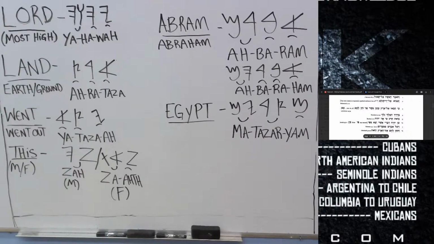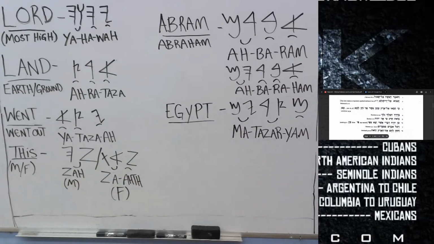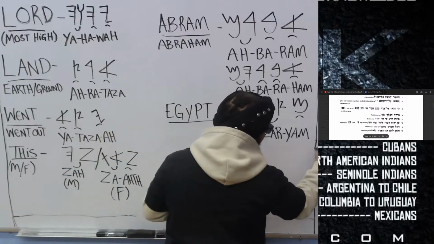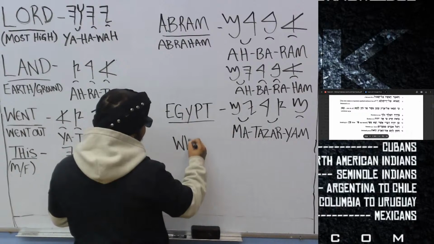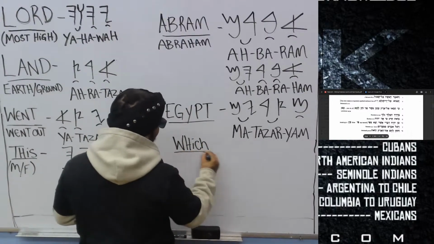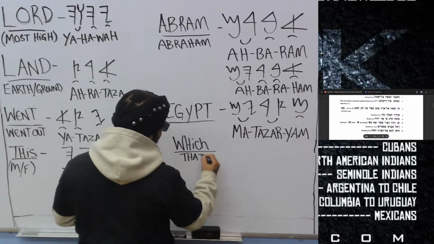All right. Damn, it was one more I wanted to do. So the next word is which, which slash that. The word which is also used as a slang to say that.